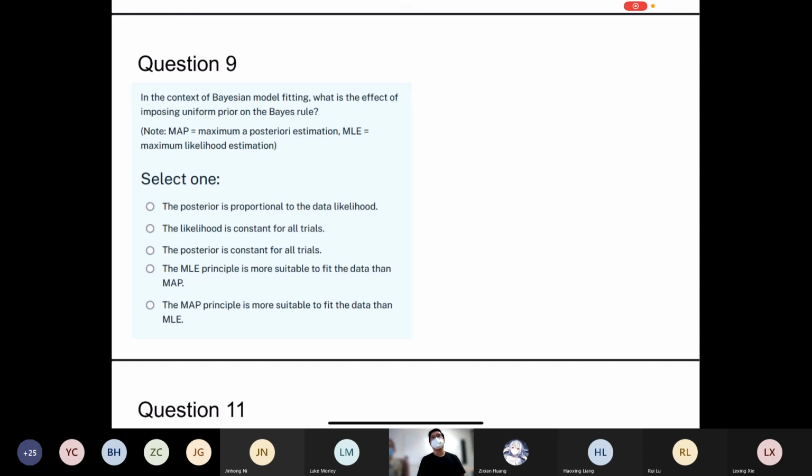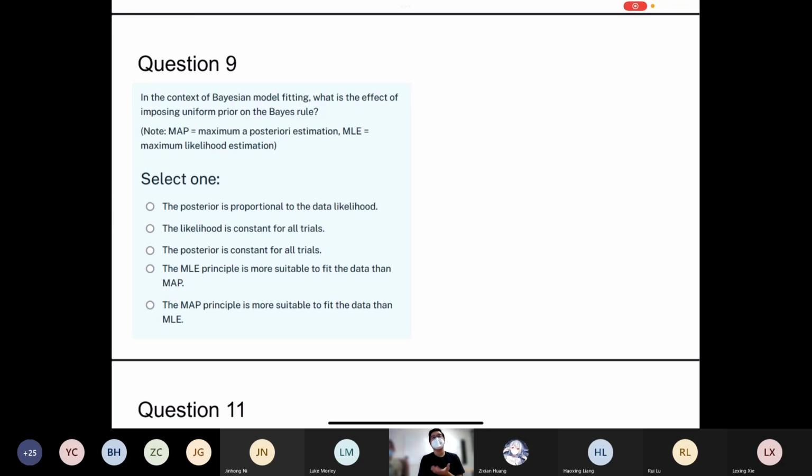If you remember from the first week or a couple of weeks later, you were introduced to two ways of fitting parameters to your data. The first one is MLE and the second one is MAP. The difference is that in MAP, you assume some prior distribution over your parameters, and for MLE, you do not. You consider it a fixed number or a fixed vector, and you're trying to maximize the data likelihood. But for MAP, you're maximizing likelihood times the prior.